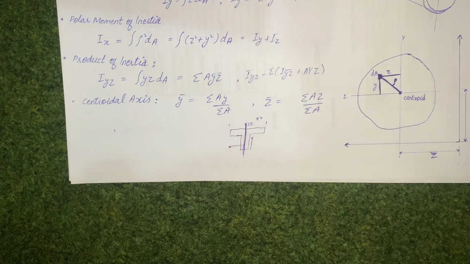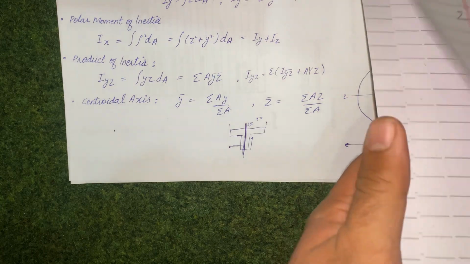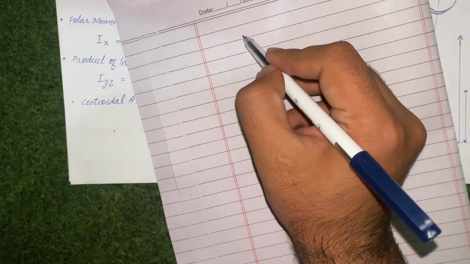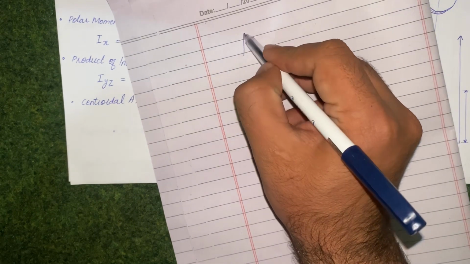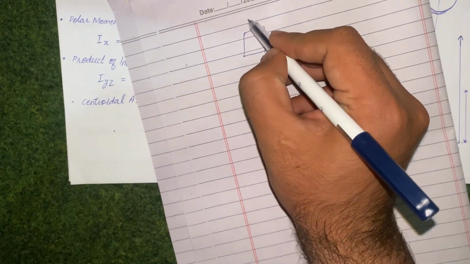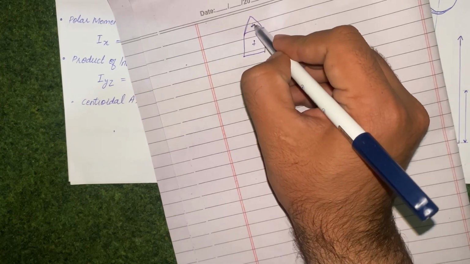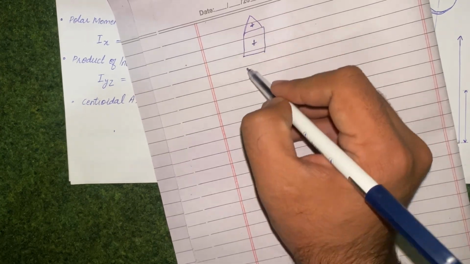We can also say that, for example, if I have these two areas, this is the centroid of the triangle and this is the centroid of the square.